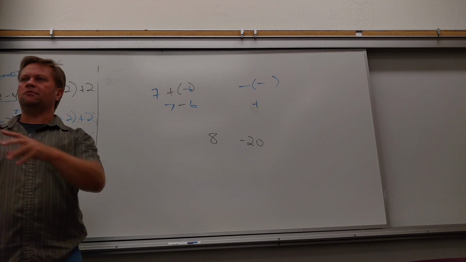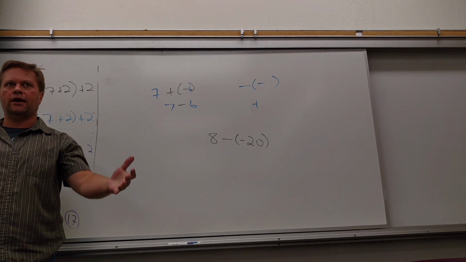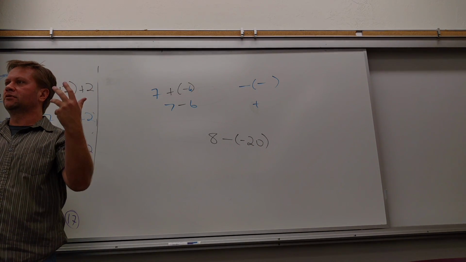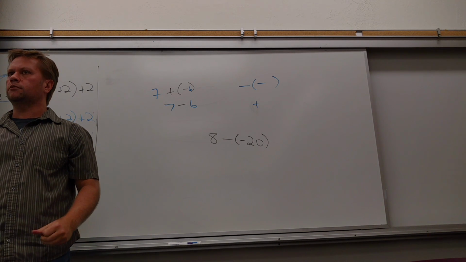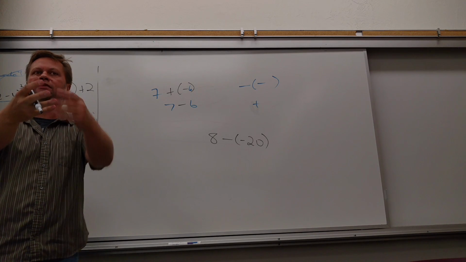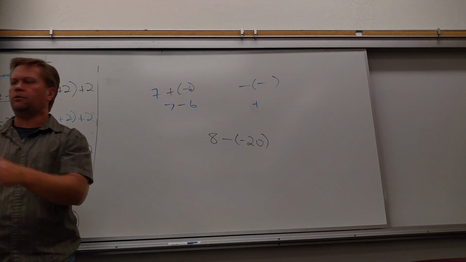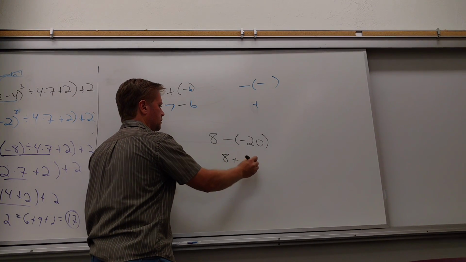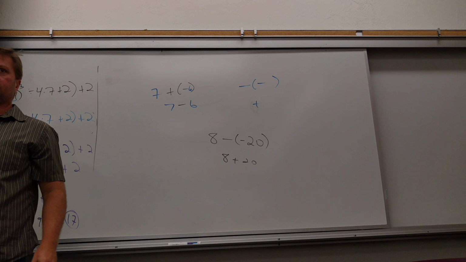What's forgiving debt mean? I'm going to erase that debt. Shouldn't the amount of money I have go up? That's the best physical example I can think of. Subtracting a negative is taking away a negative. It's forgiving debt, I think, is the best example I can come up with, and that's why it becomes plus. If you forgive some of my debt, I have more money to work with than I did.